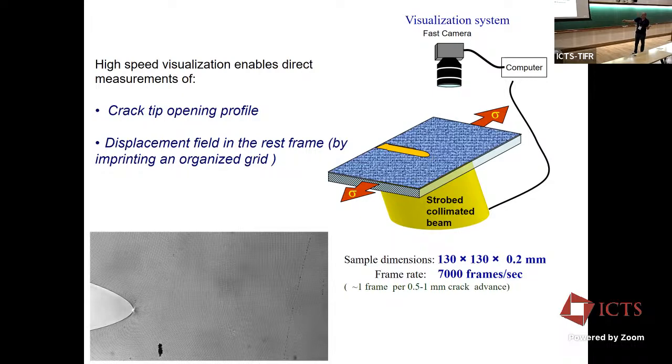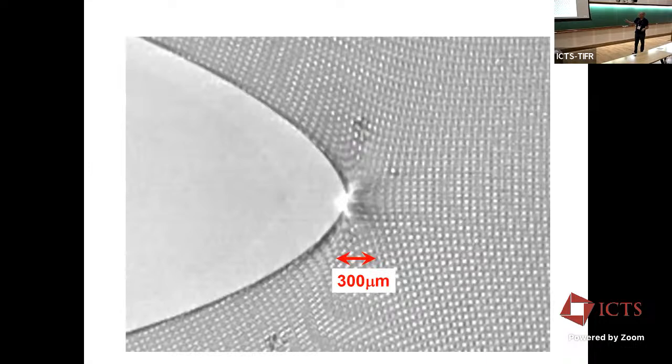In fact, you can see a picture of a crack moving through this grid. In a minute, I'll zoom in and you'll see the grid itself. In fact, here it is. Okay, so this is a 50 by 50 micron grid that we've imprinted on one of the surfaces of the sample. And by looking at the distortions of each one of these squares, we can actually measure in situ the strains, the deformations, wherever we want to see.